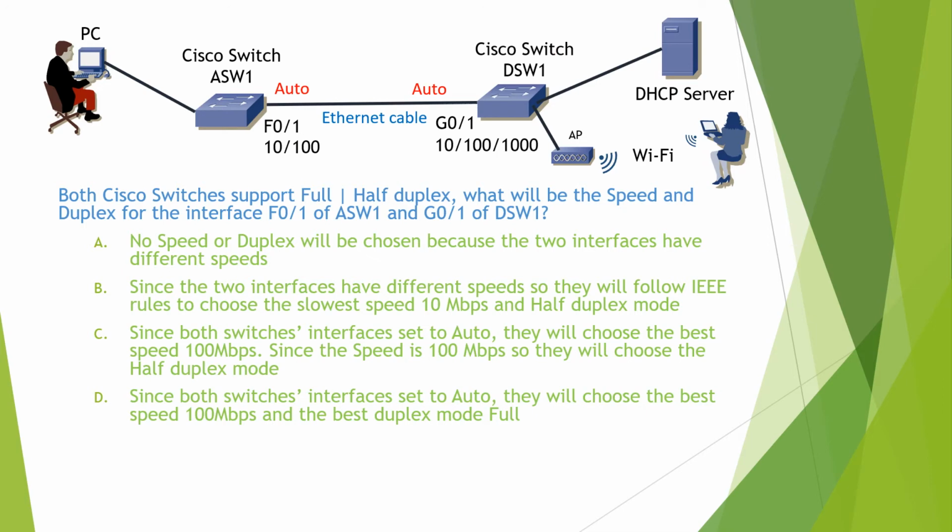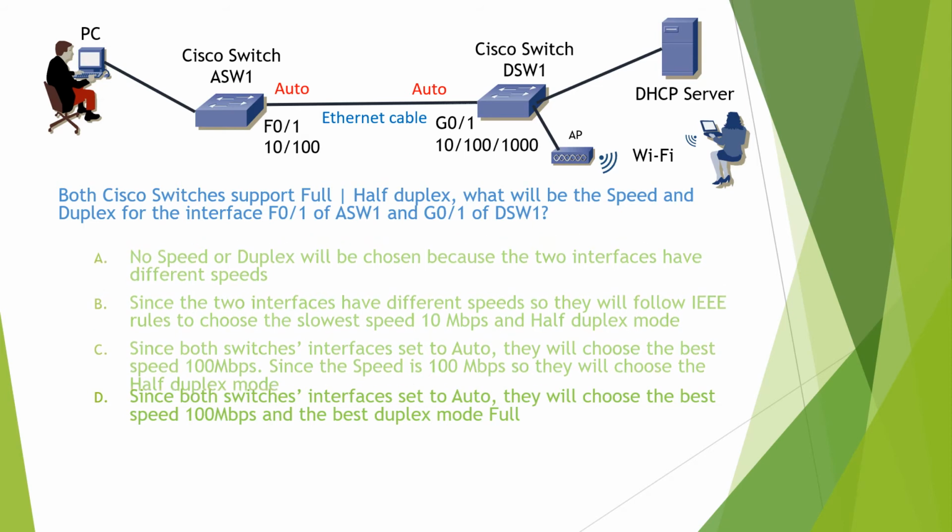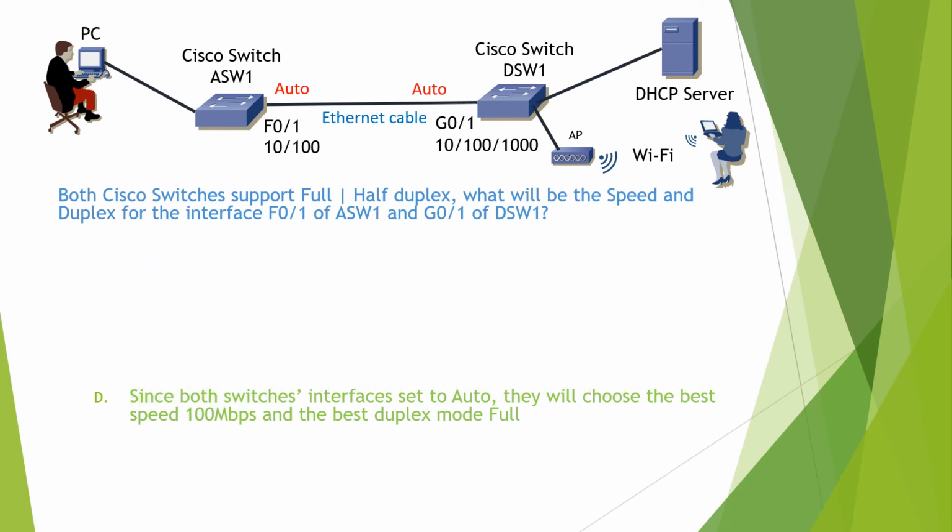We notice that the interface F0/1 of the ASW1 switch connects to the interface G0/1 of DSW1 switch, and both interfaces have auto settings, so they will choose the best speed, and in this case it is 100 megabit per second and full duplex mode. Therefore, the answer for this question is D. You can find the detailed explanation for this question in the video.